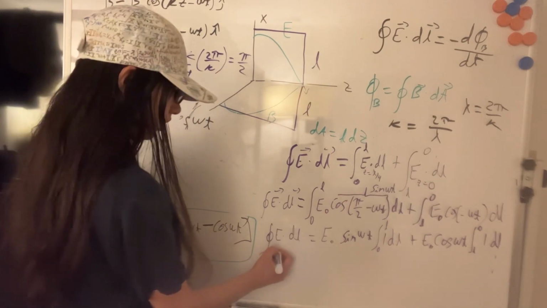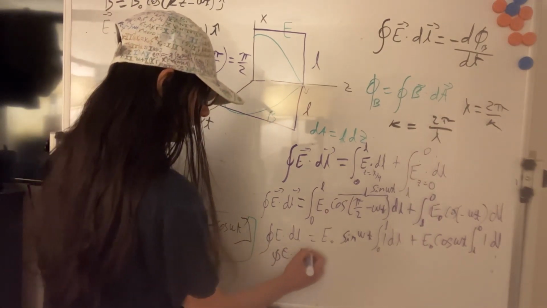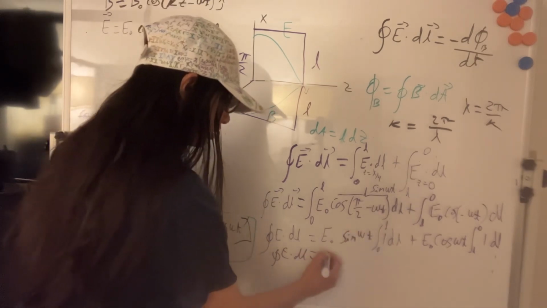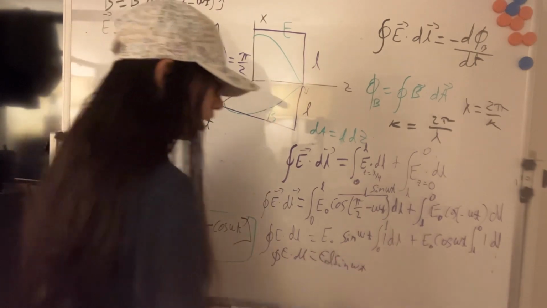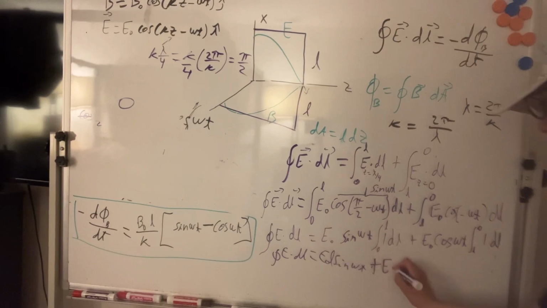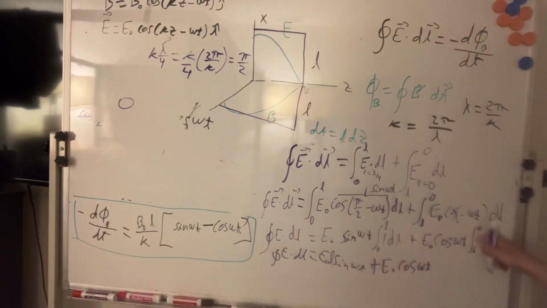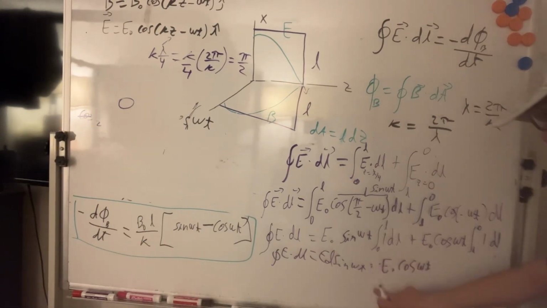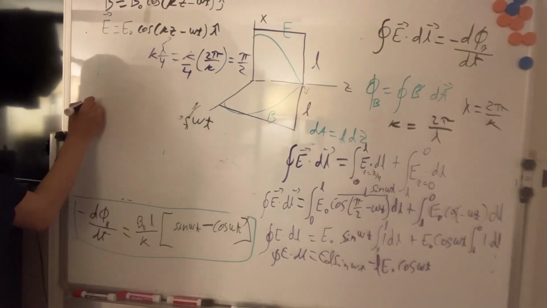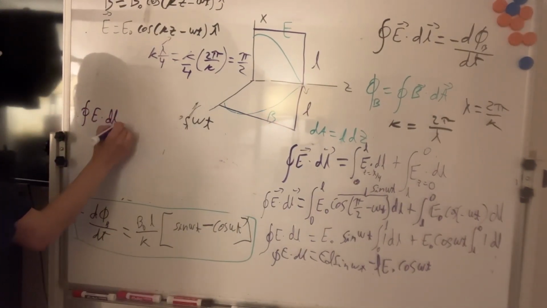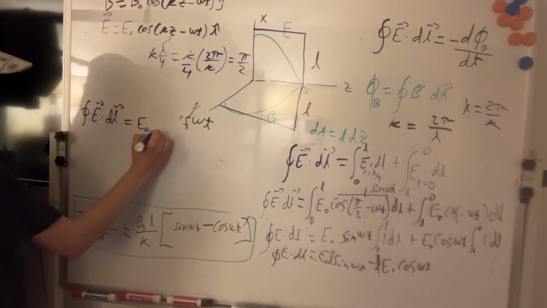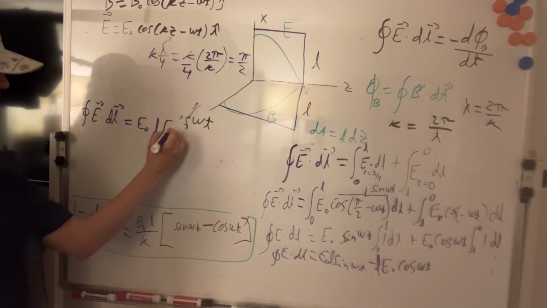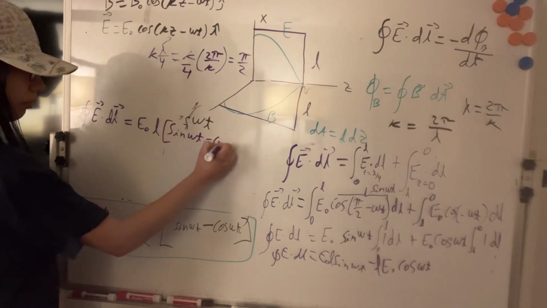This is the same as the closed loop integral of E dot dl, which will be just E naught sine omega t times L, and this is E naught cosine omega t, and this would be negative L. So I have at the end that the closed loop integral of E dot dl is equal to E naught L times the sine of omega t minus cosine of omega t.